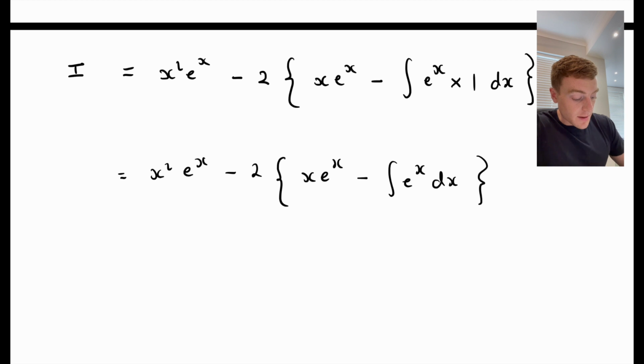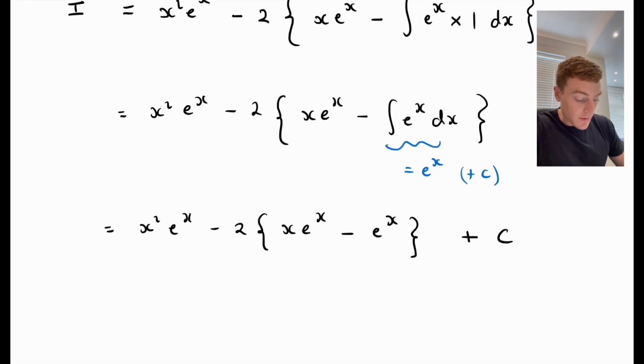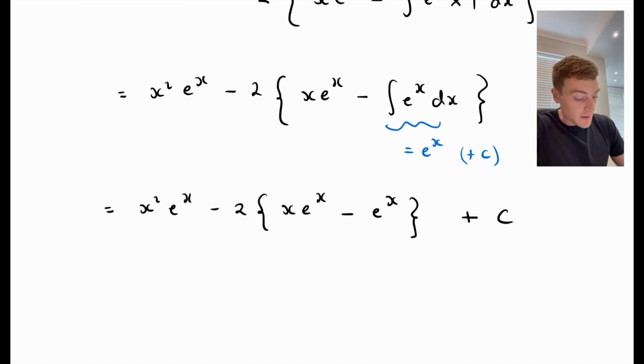Now we know from earlier that integrating e to the x just returns itself, and then technically an integration constant. So we get x squared e to the x minus 2 lots of x e to the x minus e to the x. I'm also going to have a plus c because it's indefinite integration, meaning we have no limits.